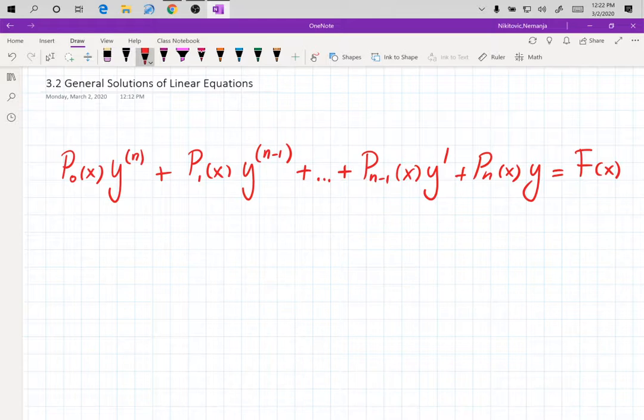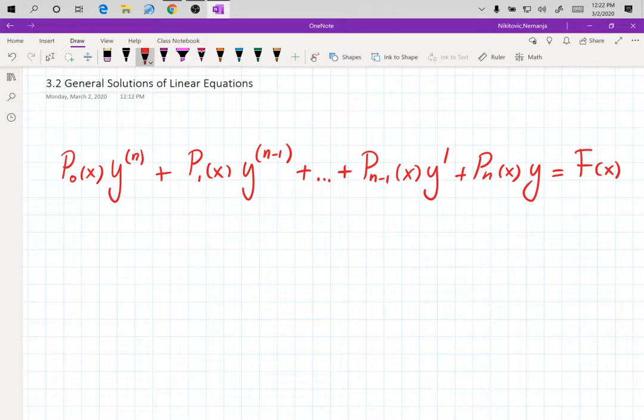And again, we have homogeneous when it equals 0, non-homogeneous when it does not equal 0, and so on. So the same stuff that we had before. So that's what it looks like.